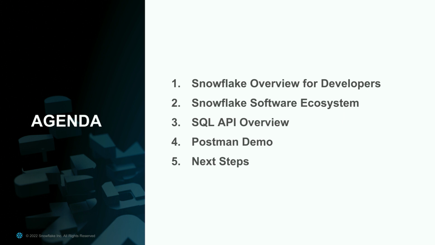And then we're going to actually go a deep dive into the Snowflake SQL REST API, exactly what calls you can make, the different parameters that you have, how to authenticate, all sorts of things like that. Next, we're going to do an actual Postman demo using this REST API of Snowflake with and inside of Postman. And lastly, you're going to be able to do all of this demo, all sorts of open source material on GitHub. And we're going to go over exactly how you can do that, get hands-on with what we're showing you today. So let's get started.